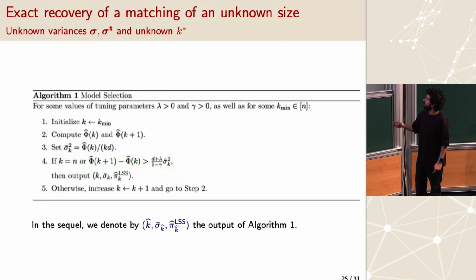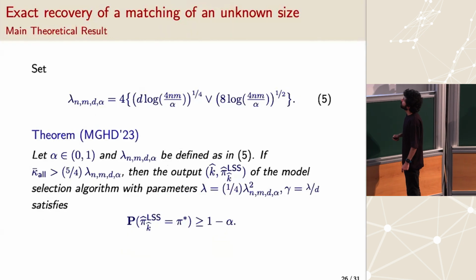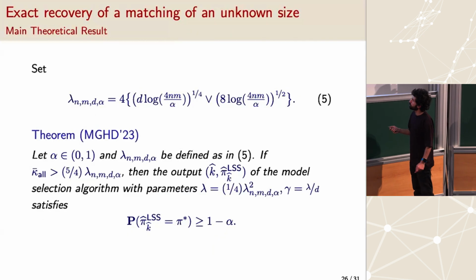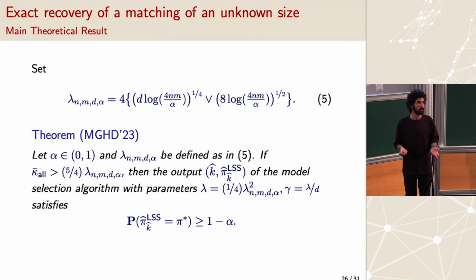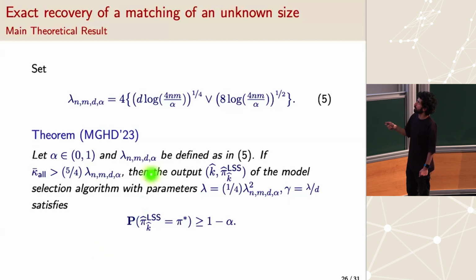Then we output our triplet k hat, sigma hat, and pi hat. We prove that in this procedure, when we don't know any variance and k star, for an appropriate choice of the tuning parameters lambda and gamma, we are able to recover the true matching map pi star with probability at least 1 minus alpha, and with the same separation distance as before.